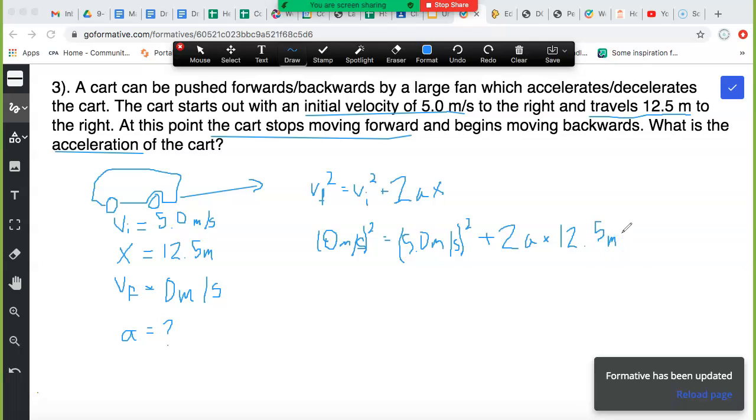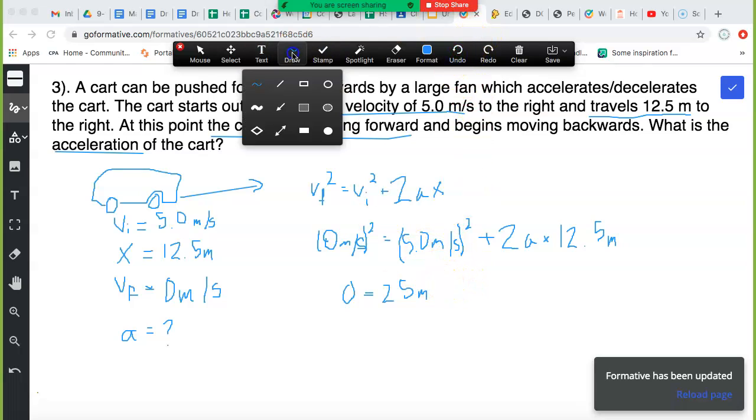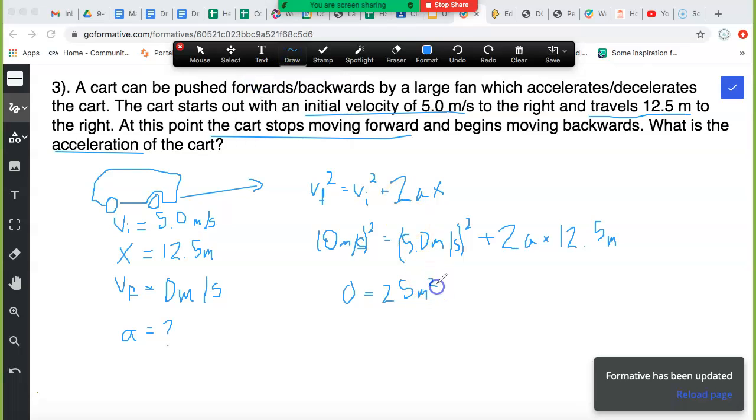So we can do a little bit of math. 5 times 5 is 25, so 0 equals 25 meters squared per second squared. Remember, we have to square our units in addition to squaring the numbers themselves. Plus 2a times 12.5 meters would be 25 meters times a.